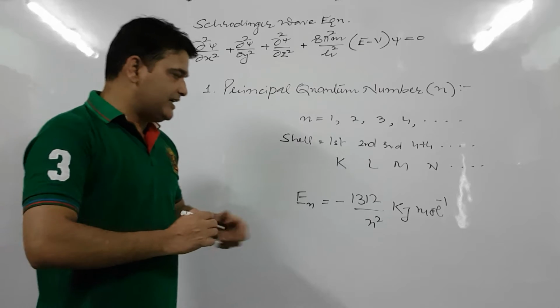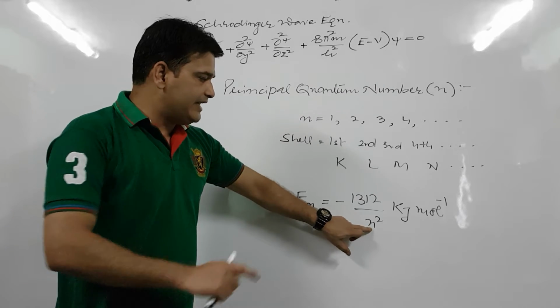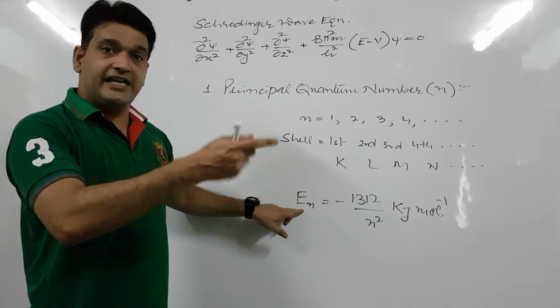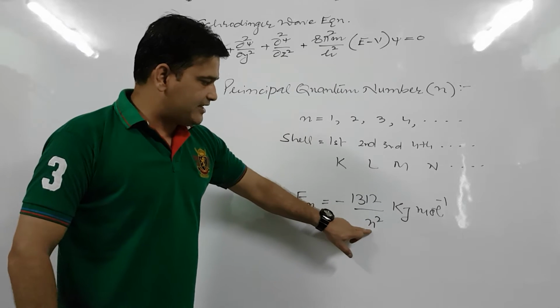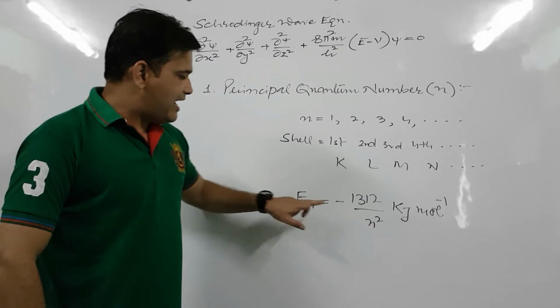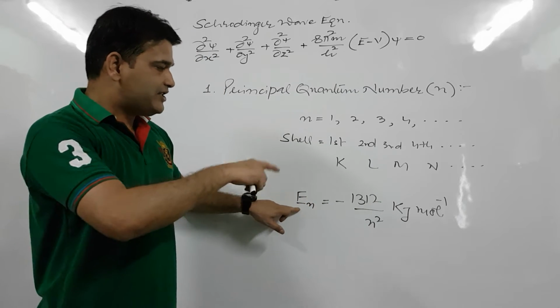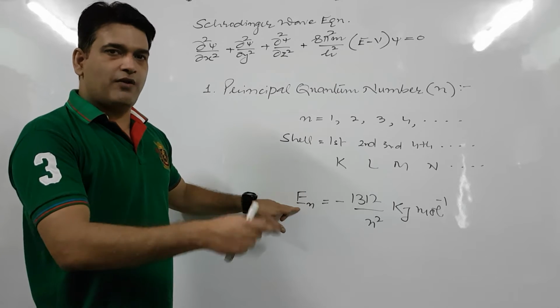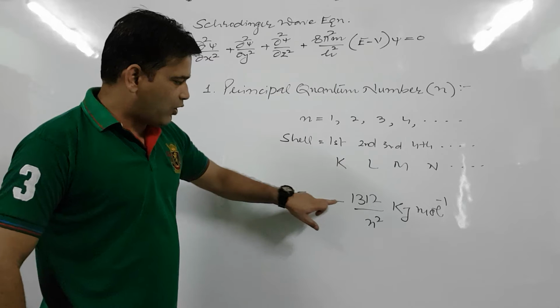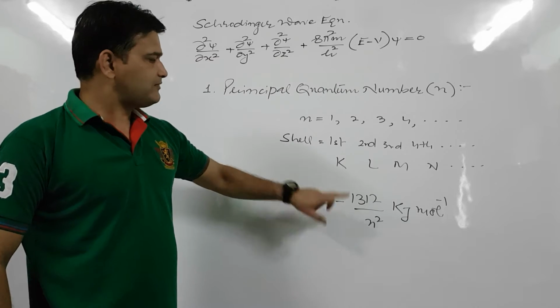But it should be clear to you, with the increase in n, the energy will increase. n is in the denominator, but with the increase in n, energy of the shell or energy of the electron in the given shell will increase because of this minus sign.